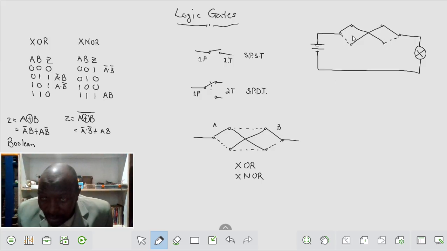Now, the upper ends, let's call them 1, just to make our life easy.